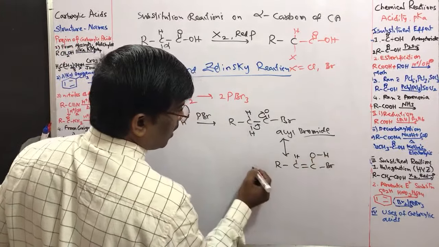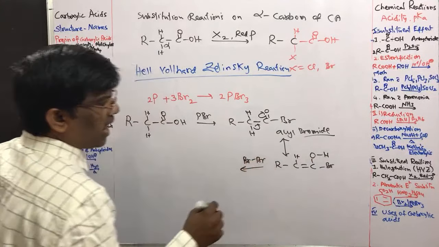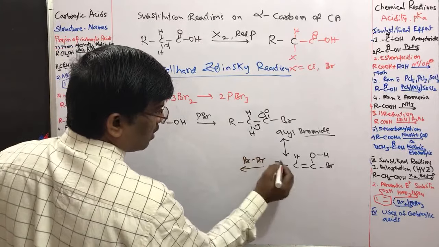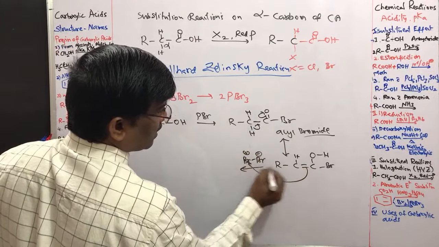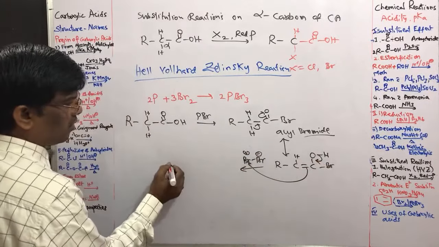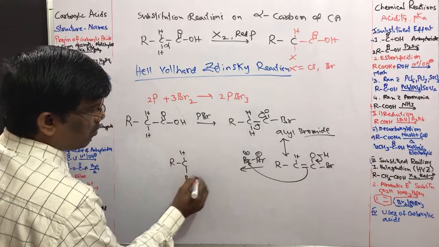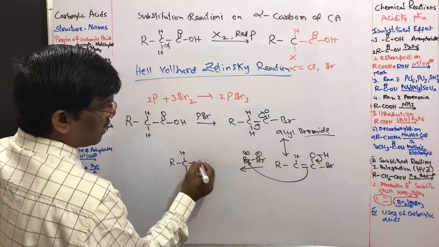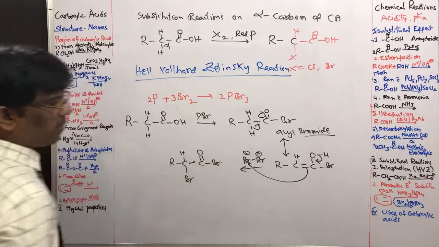This enolized carbon will take up bromine. Since we are adding bromine, it takes up bromine to give R, CH, with new bromine that has come here, and C double bond O bromine.